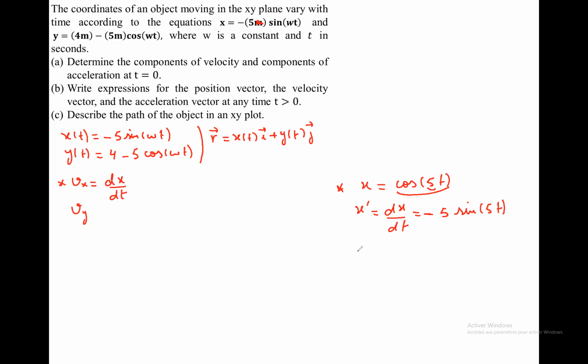The same if you have y equal sine 5t, so y prime equal dy over dt equal the derivative of sine, which is cosine 5t, times 5. Remember well how you can calculate the derivative of sine and cosine.